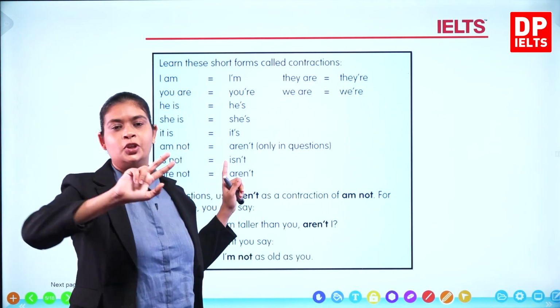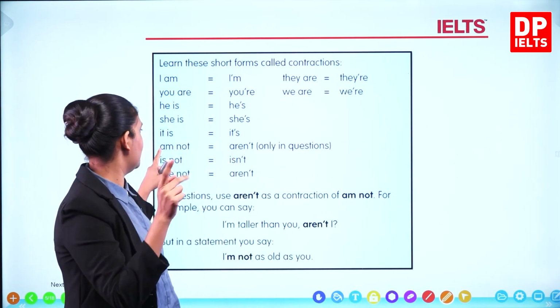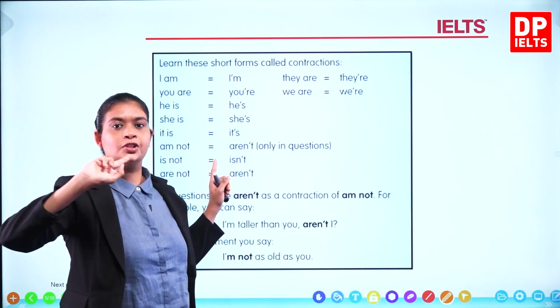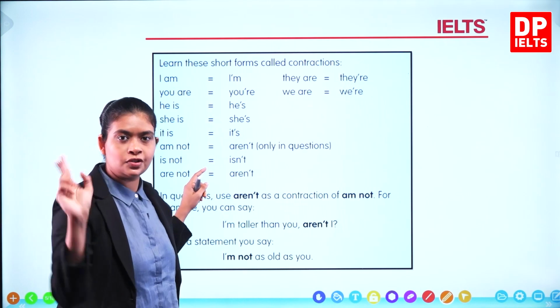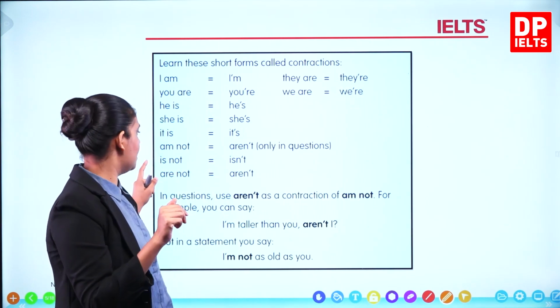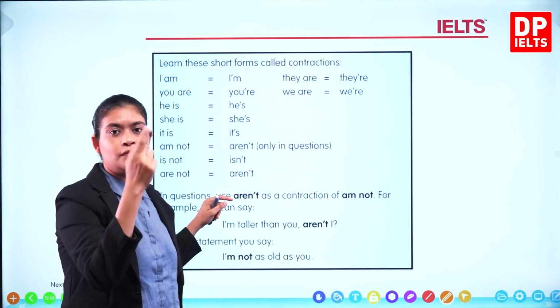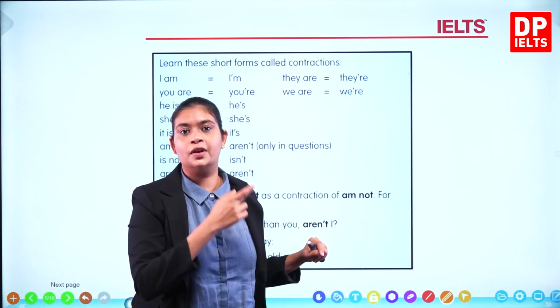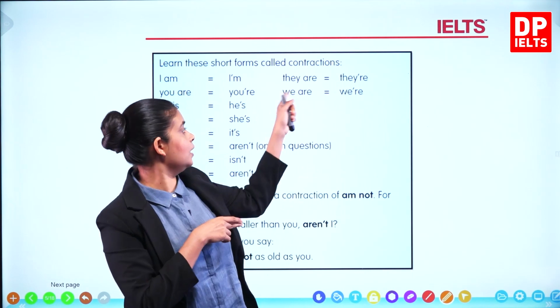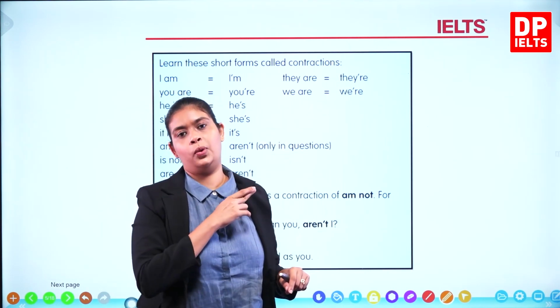It is. When you put it together, it's. Am not. Put it together, aren't. Is not, put it together, isn't. Are not, put it together, aren't. They are, put it together, they're. We are, put it together, we're.